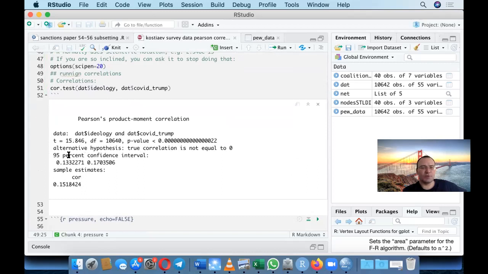If it's more than 2 or less than -2, it's also important, and here we have 15. So these are two indicators that there is a statistically significant correlation between ideology and the way Trump does his job responding to COVID.